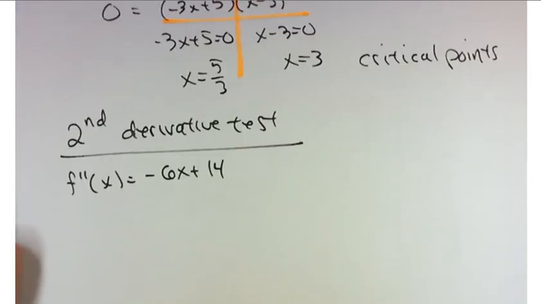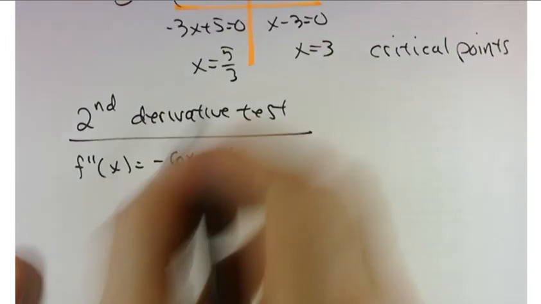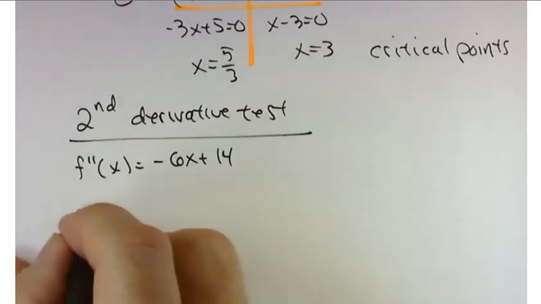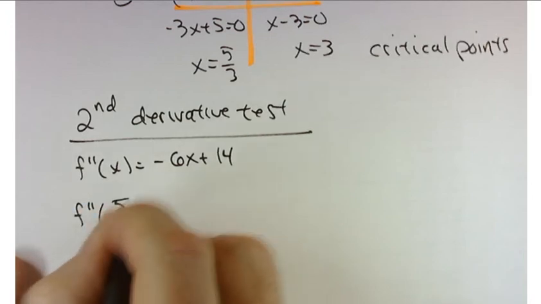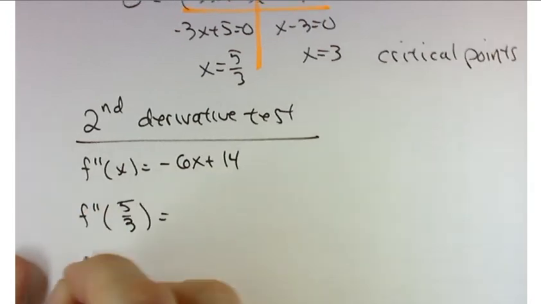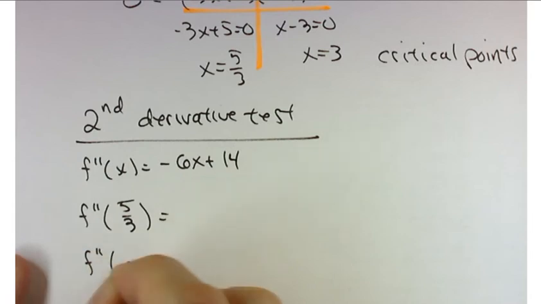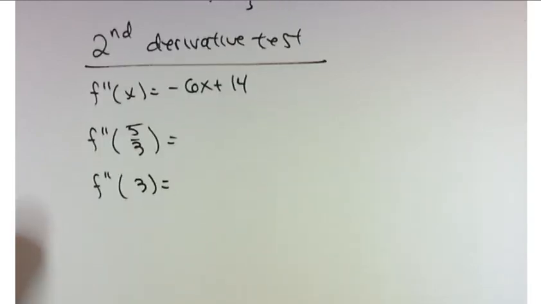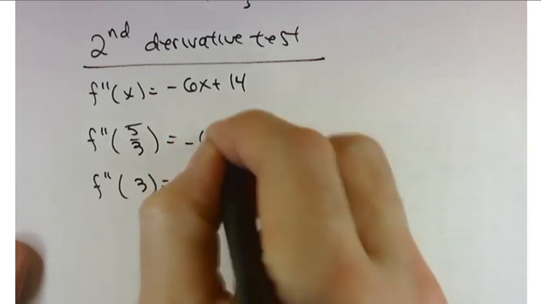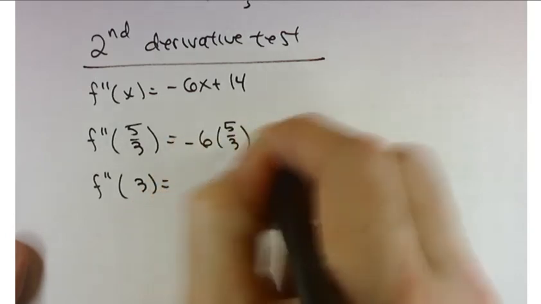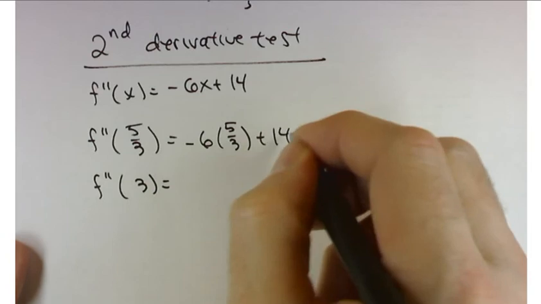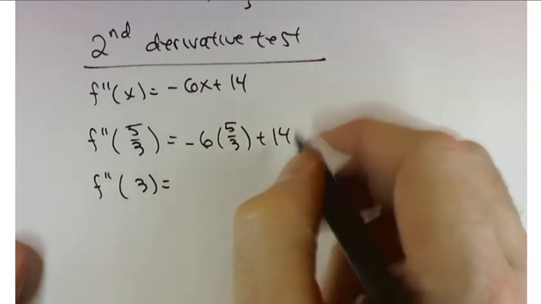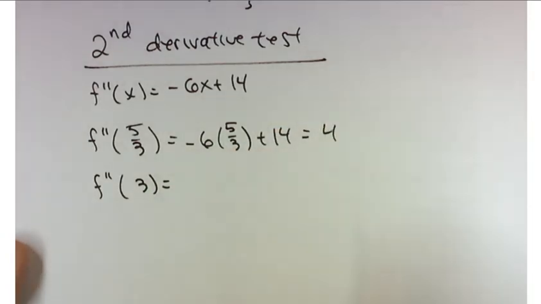So f double prime of 5/3 and f double prime of 3. Negative 6 times 5/3 plus 14 is positive 4. And for our other one, negative 6 times 3 plus 14 is negative 4.